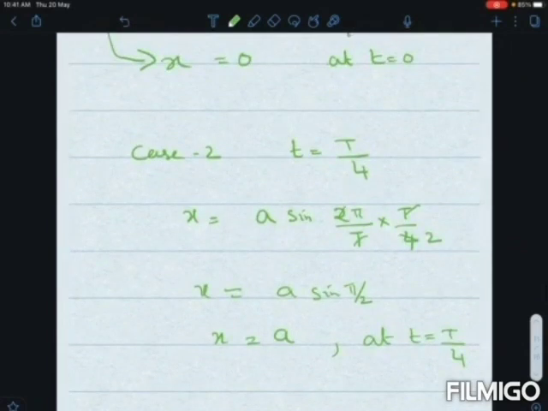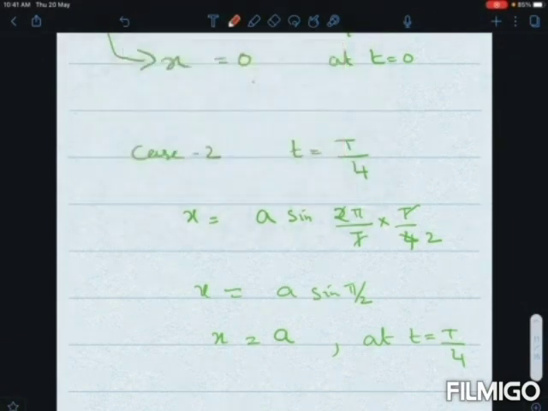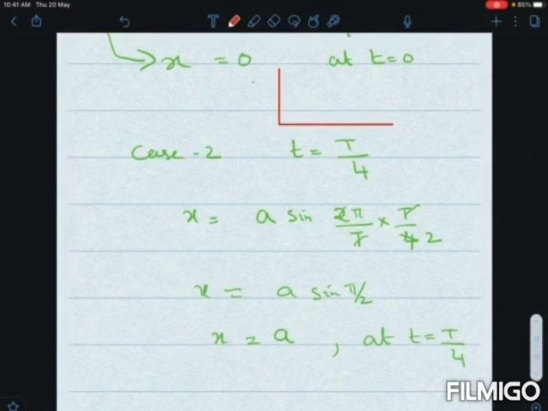So now you can just imagine, you have this as displacement. I'll do it in another color to be more relevant for you. So let's take the red itself. So this is the displacement, and this is the time. At 0, the particle is here itself.